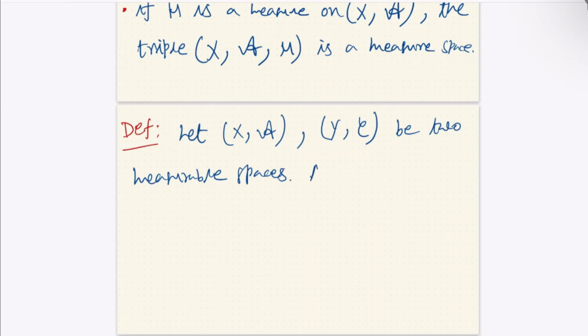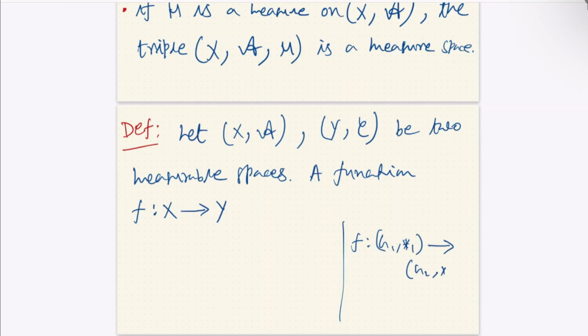Now a function f mapping from X to Y. You can think of it like in group theory, where we always have a function from (G1, star1) to (G2, star2), the two algebraic structures, a homomorphism, which we have defined like the same. Now the structures are sigma algebras here.